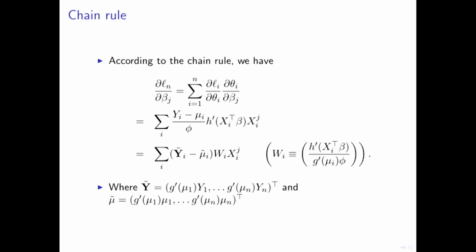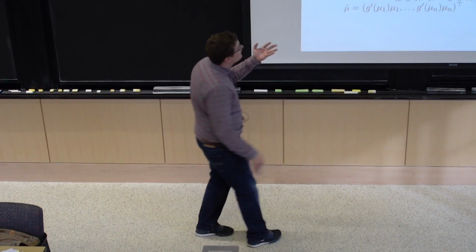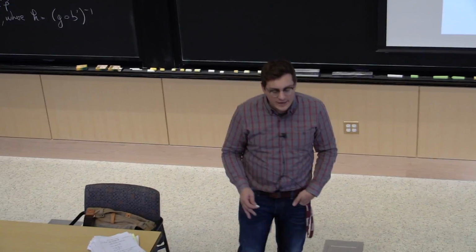And the first thing we did last time is to show that if I look now at the derivative of the log likelihood with respect to one coordinate of beta, which is going to give me the gradient if I do that for all the coordinates, we can rewrite it in this form: a sum of yi tilde minus mu i tilde.